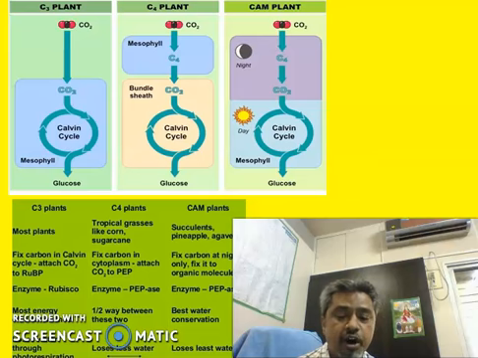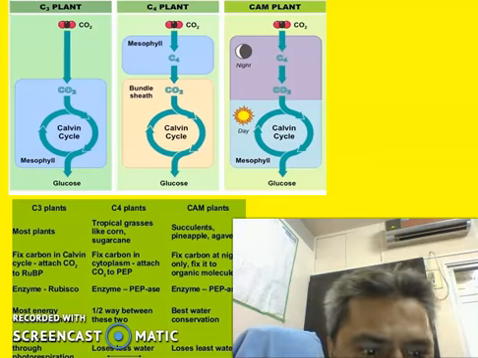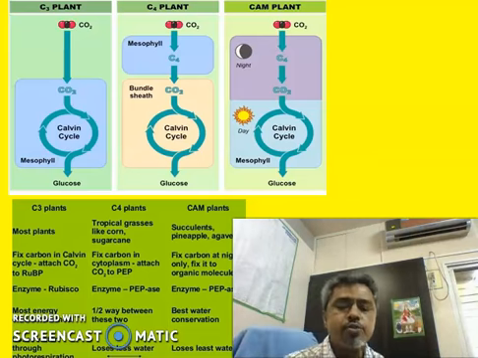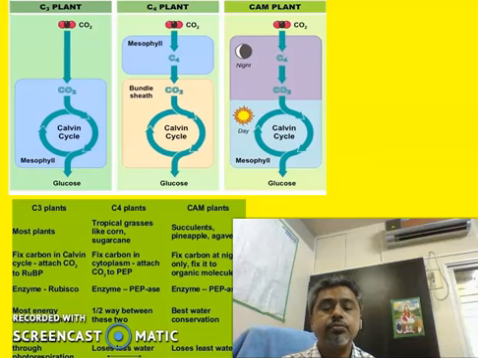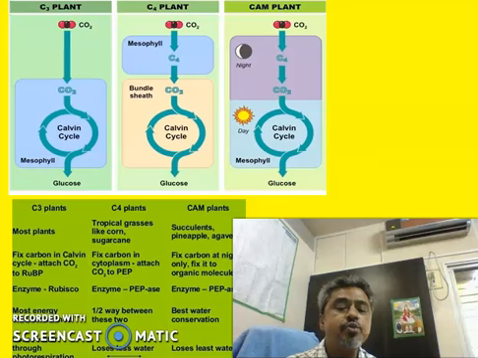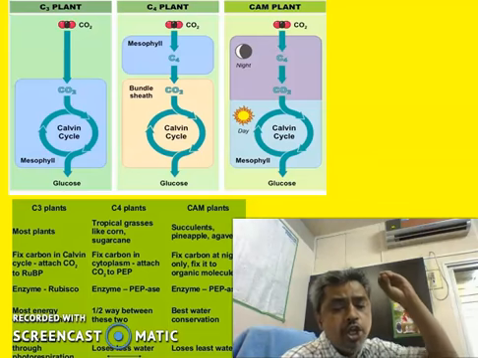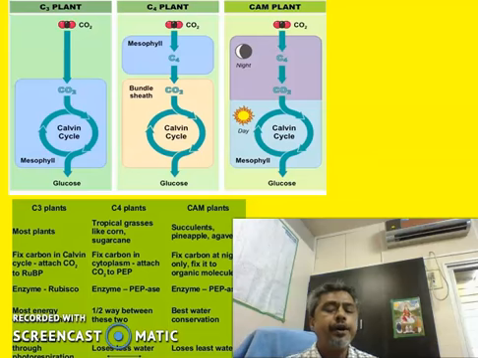Best water conservation is observed in CAM plants. Water lost through photorespiration is higher in C3 in comparison to C4 plants, and less water is lost in C4 plants than in C3, and the very least amount of water loss is found in CAM plants.